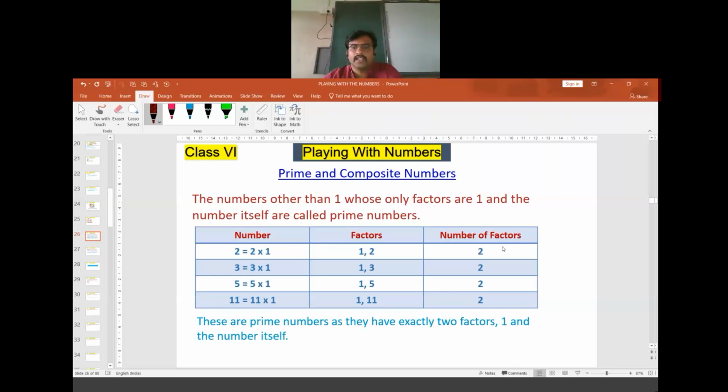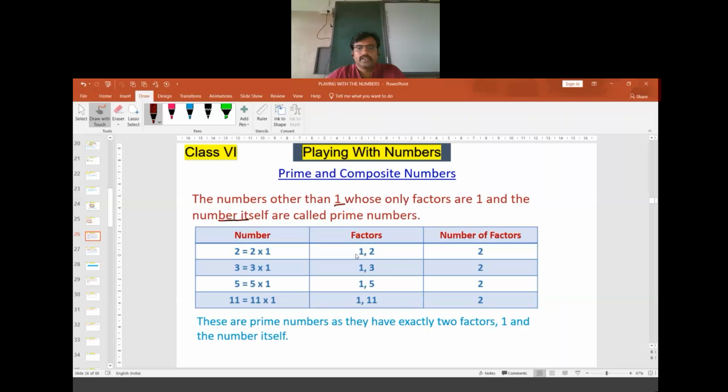Now we have a concept related to prime numbers and composite numbers. Prime numbers are those numbers which have exactly two factors. If the number has 1 and the number itself as its factors, then we say that it's a prime number. If you consider 2, 2 is 2 into 1.